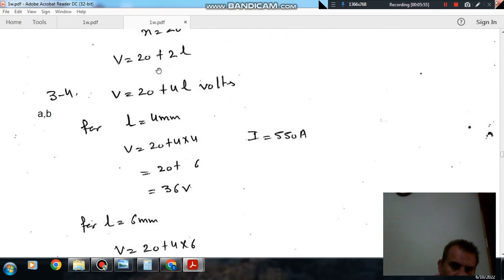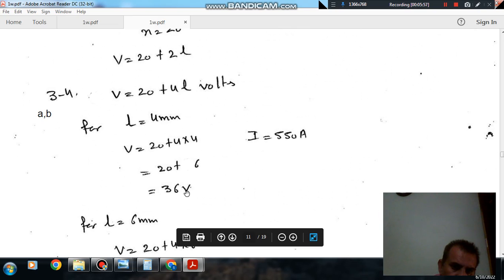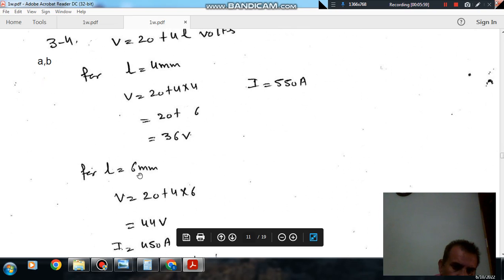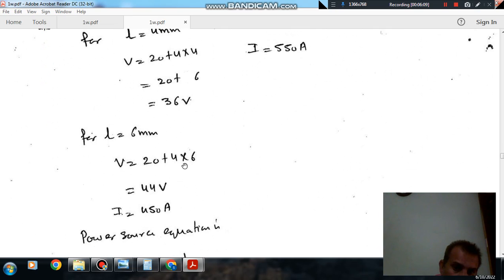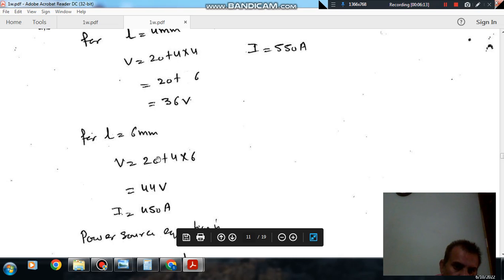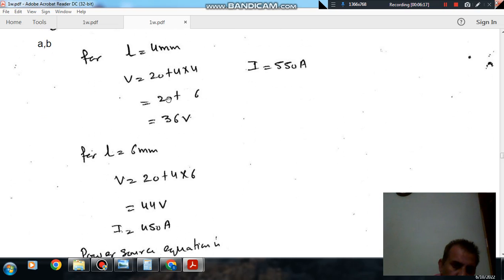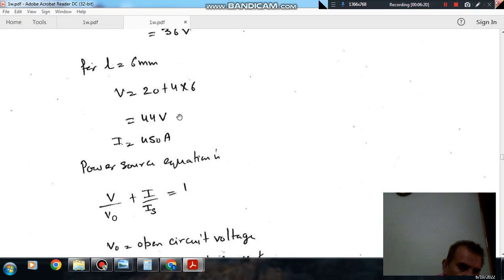So when length is 4, voltage is 36, and when length is 6, voltage is 44. When length is 4, the current is 550. So when length is less, the current will be more, and when length is more, the current will be less, and the corresponding voltage we can find out by putting in this equation. So V comes out as 44 volt.